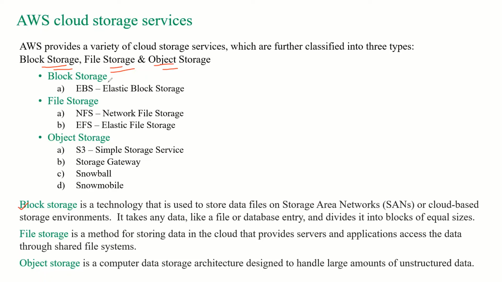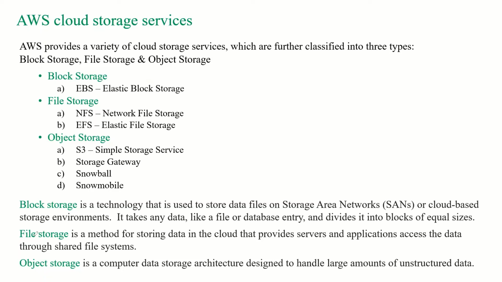One example in the AWS environment for block storage is EBS, Elastic Block Storage. The traditional 30 GB or 8 GB hard disk that we connect to our EC2 instances is block level storage. So the next one is file level storage.